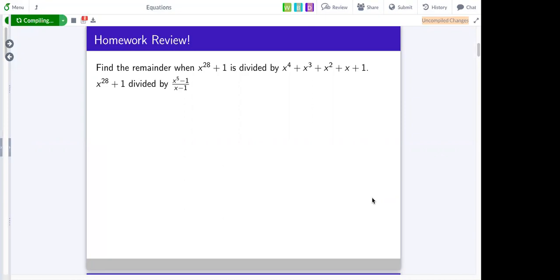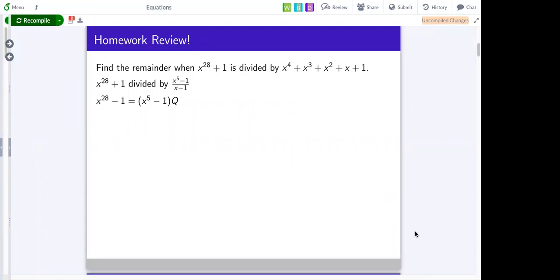So we want to write x to the 28th plus 1 as x to the 5th minus 1 times a quotient q of x plus a remainder r of x.